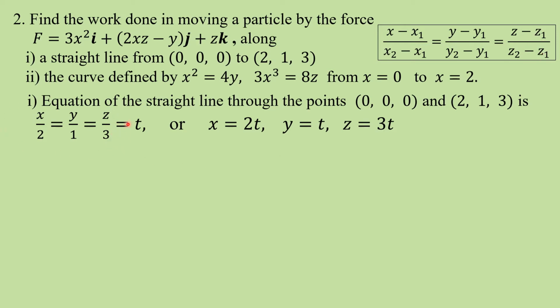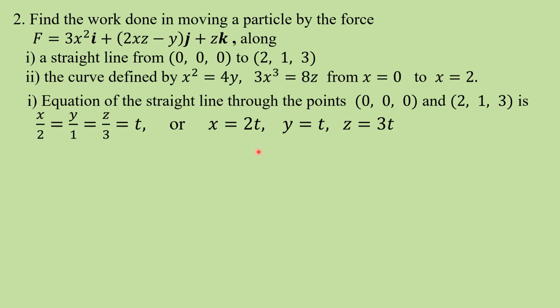They are equal to some parameter t, which gives x equal to 2t, y equal to t, z equal to 3t. So we can now take the dot product, f dot dr, in terms of dx, dy, dz. Because x, y, z are functions of t, dx is 2 dt, dy is dt, dz is 3 dt.